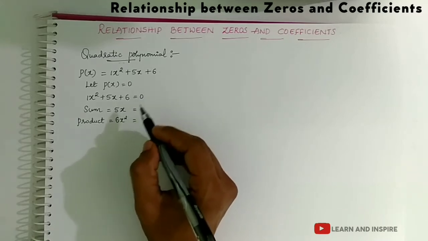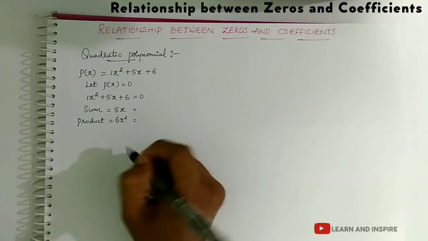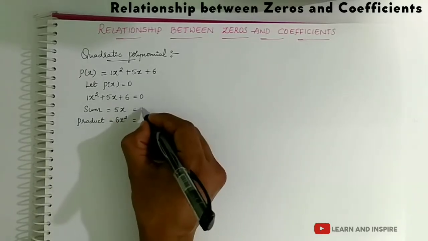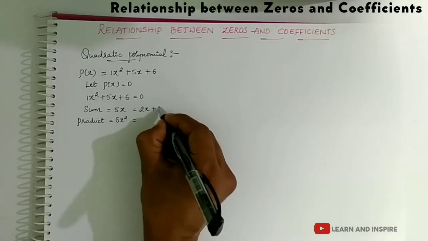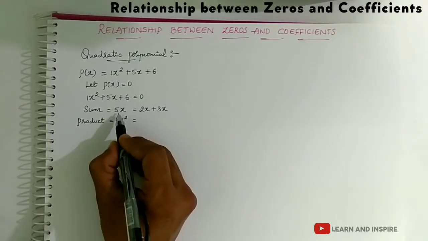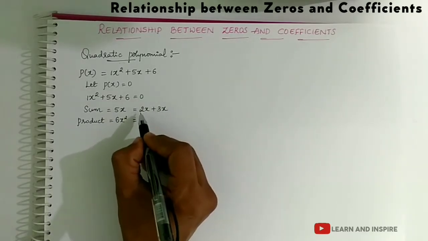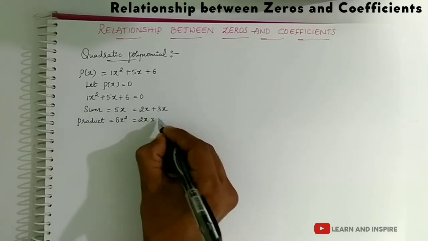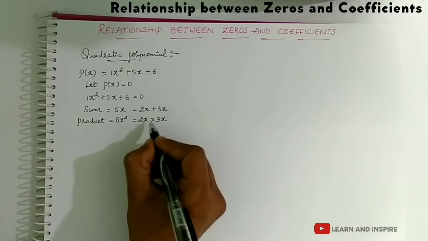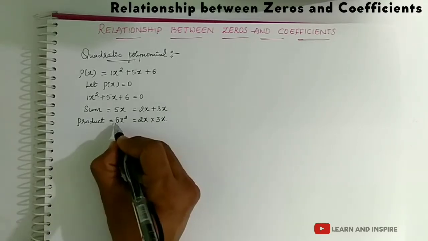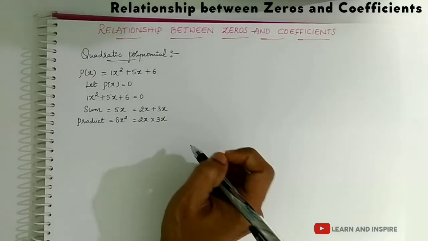And if I multiply 2x into 3x, we get the product 6x square. 2 into 3 is 6, x into x is x square.